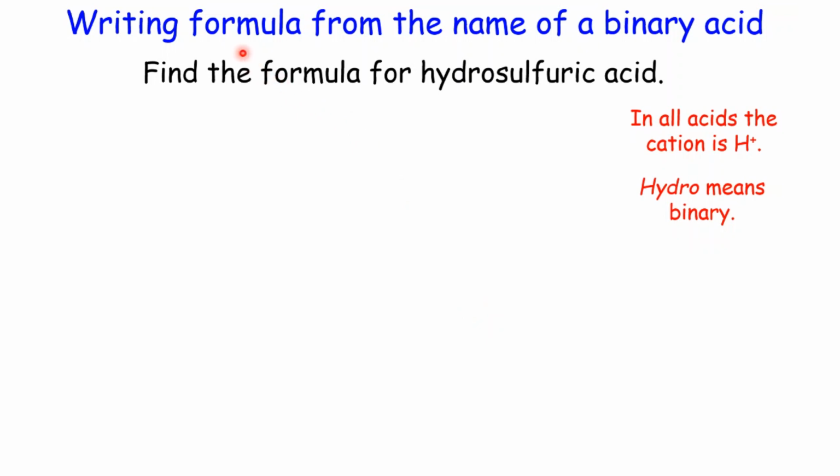How to write a formula from the name of a binary acid? Let's work on the first example. Find the formula for hydrosulfuric acid. You have to remember, in all acids, the cation is H+.